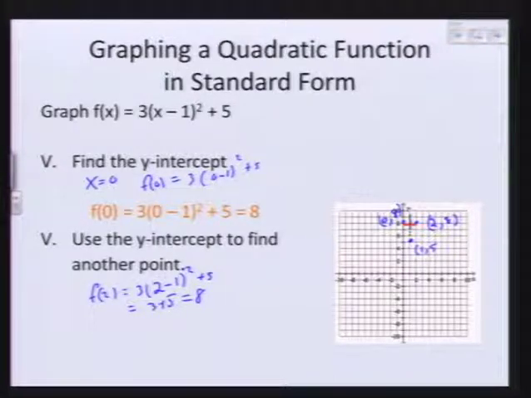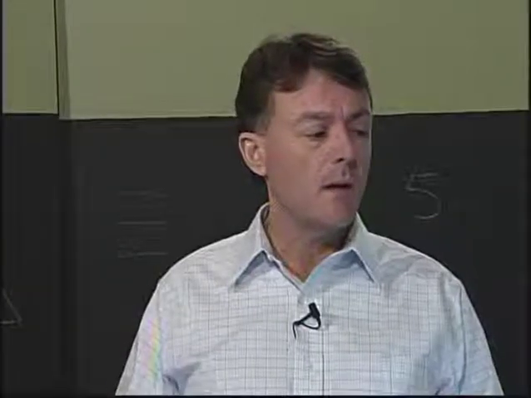So now we can clean this up and we can graph our parabola, and it's going to be kind of narrow here as it goes up, and so we can connect and again put arrows, and we've graphed our quadratic function in standard form. Okay, so that completes our graphing of quadratic functions in standard form and how they look, and we can see that the techniques were very similar to what we saw previously in working with the quadratic functions in general form.